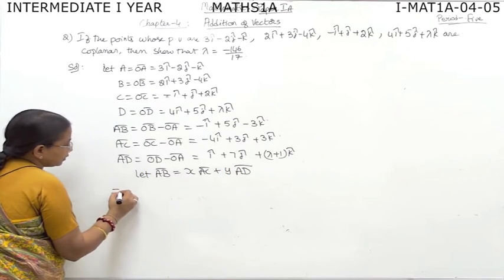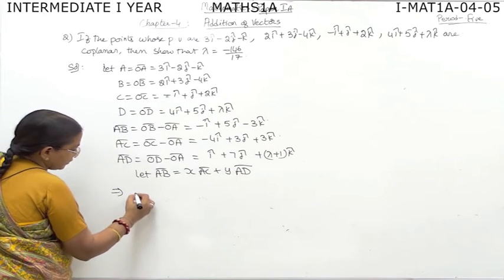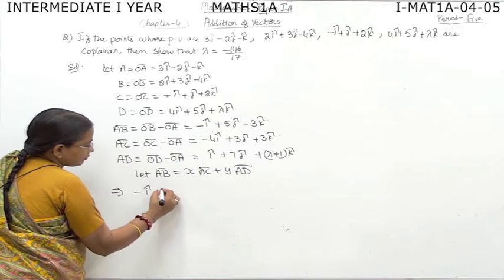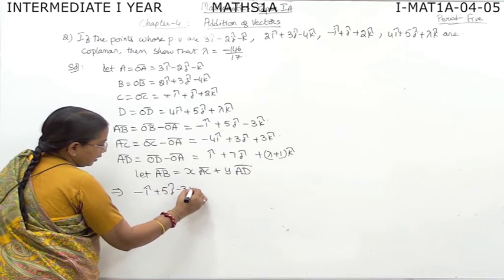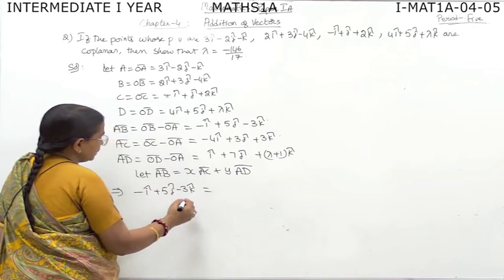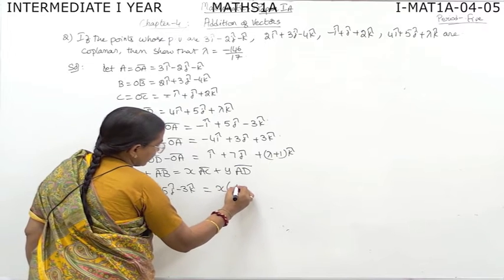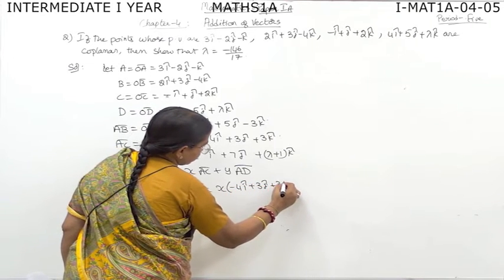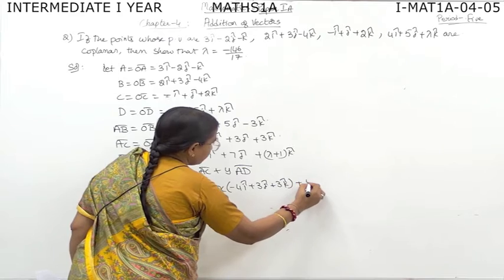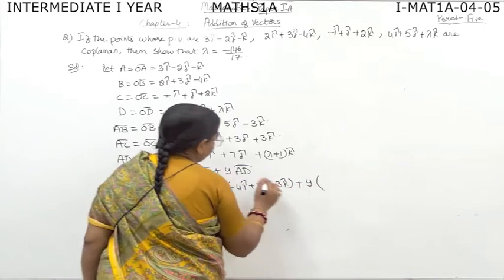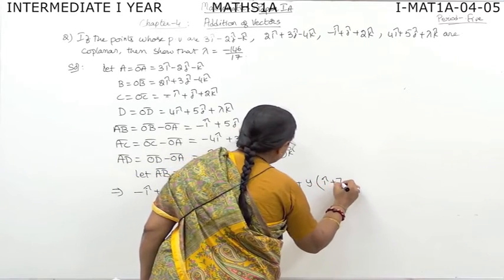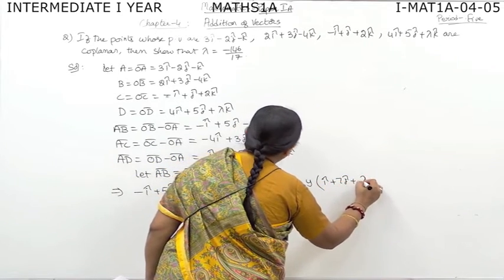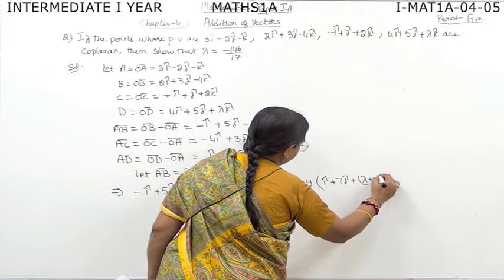So AB, minus i plus 5j minus 3k, is equal to x into AC, so x into minus 4i plus 3j plus 3k, and then plus y into the AD vector, so i plus 7j plus lambda plus 1 into k.